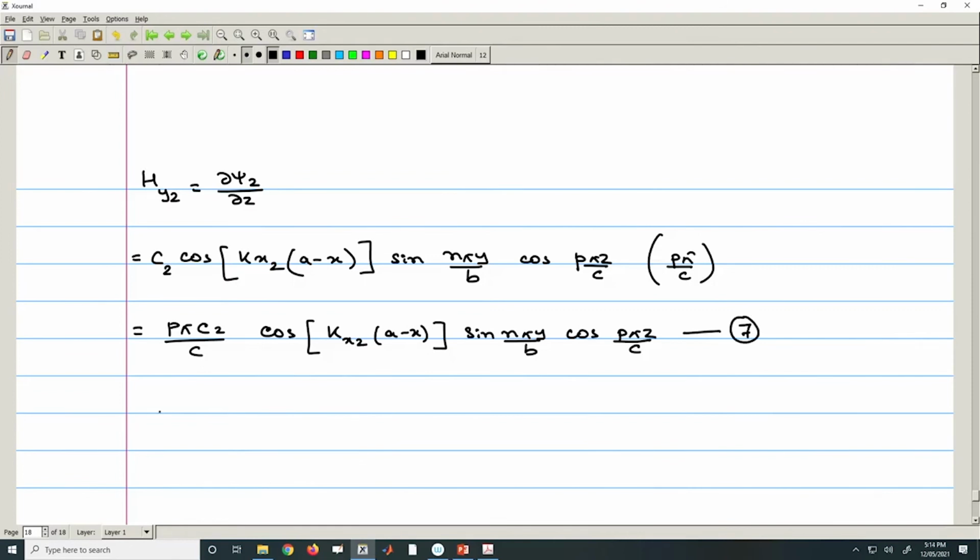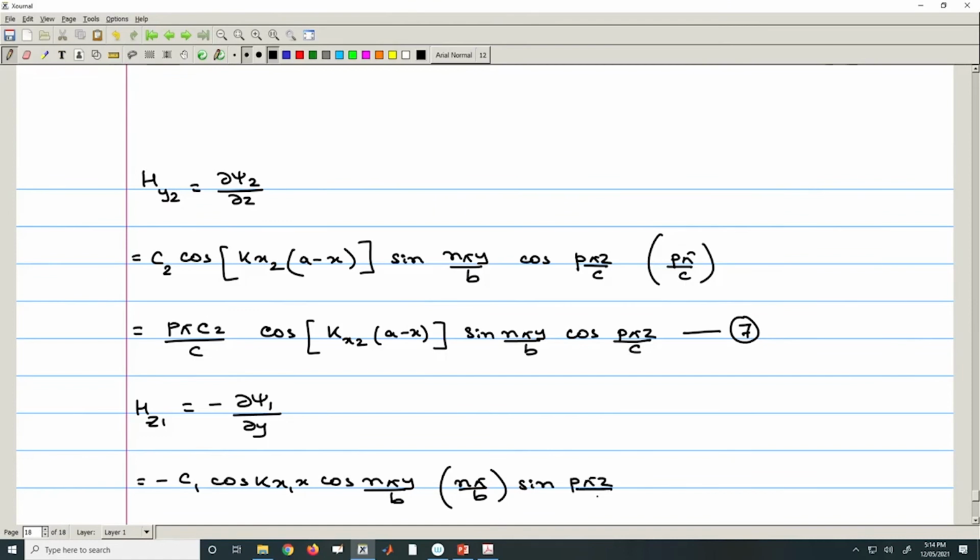Now, h z 1. So, again h z 1 is minus of del psi 1 upon del y. Okay. So, that is equal to minus C 1 cos of k x 1 x cos of n pi y upon b, so n pi by b sin of p pi z upon c.